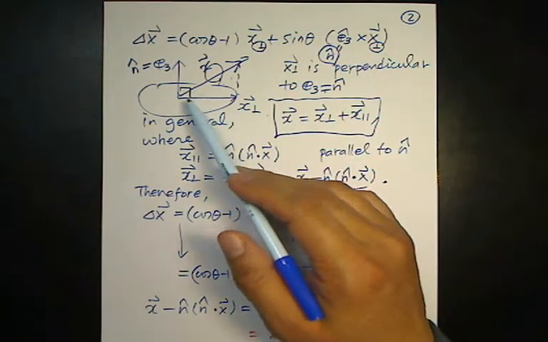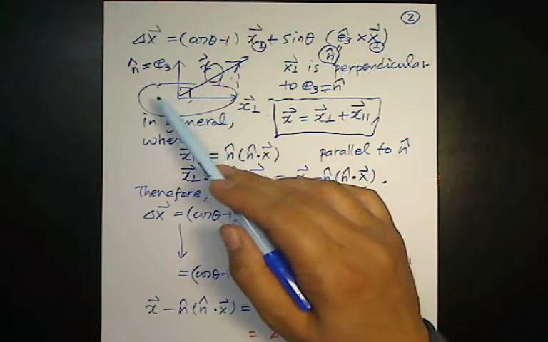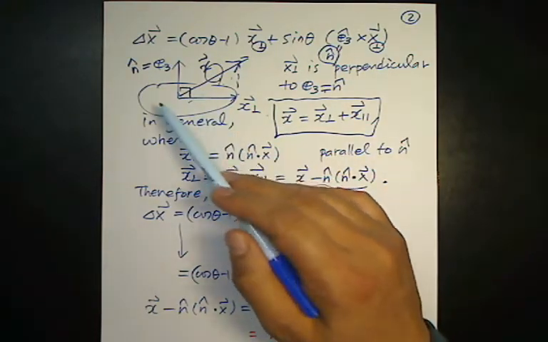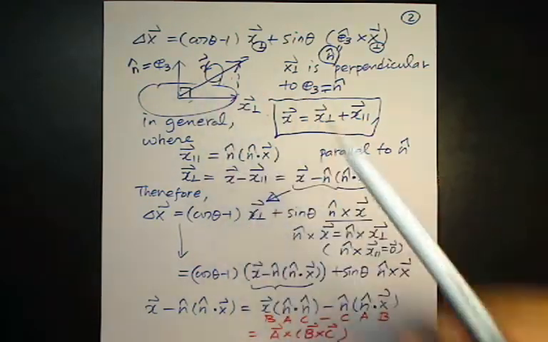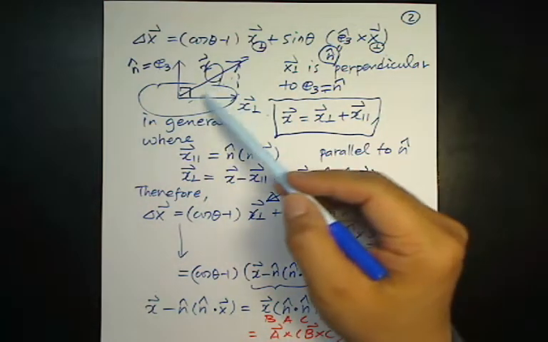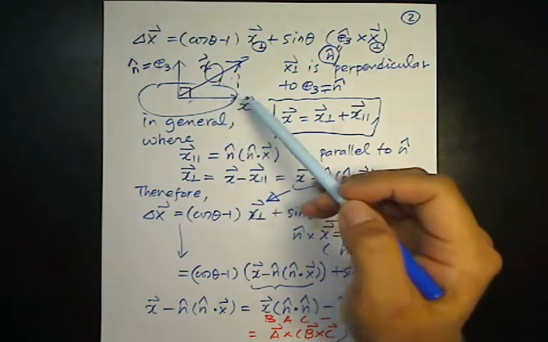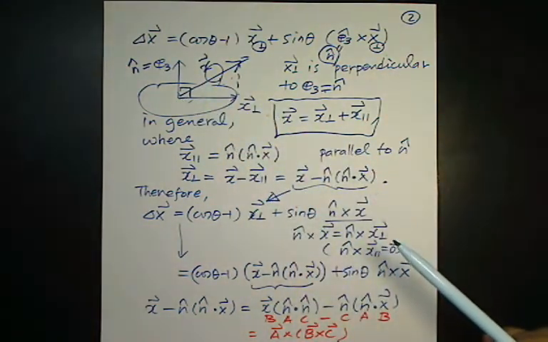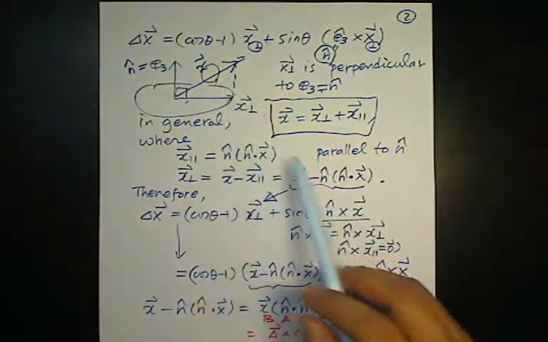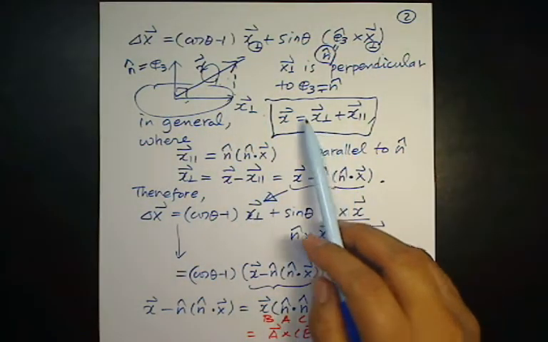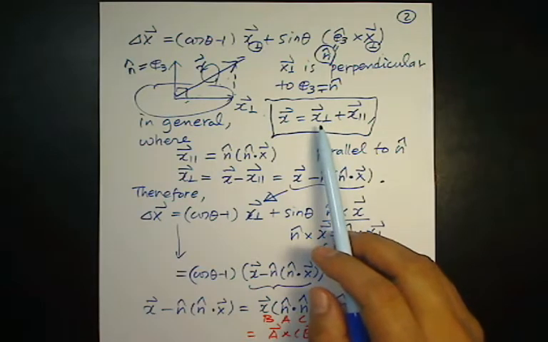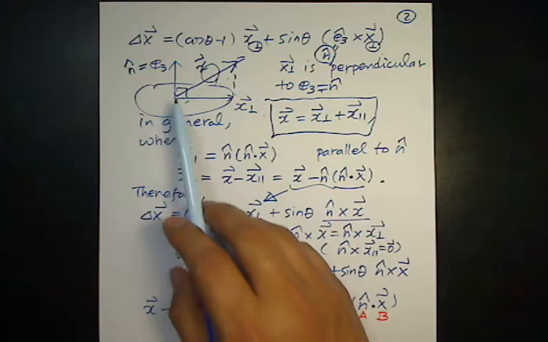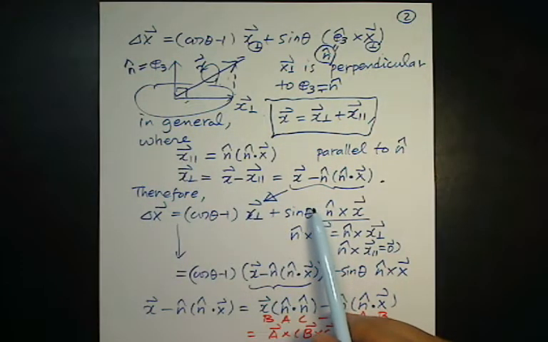We were considering the case in which x is perpendicular to the axis of rotation, but it may have a perpendicular component and a parallel component as well. So x can be decomposed into the component perpendicular to the axis of rotation and the component that is parallel to the axis of rotation.